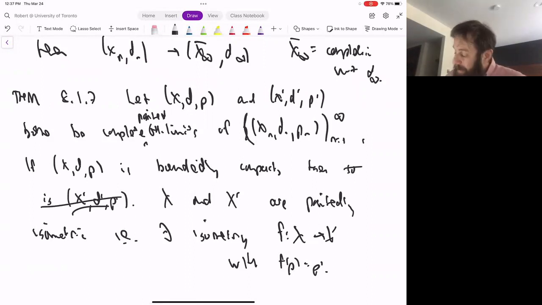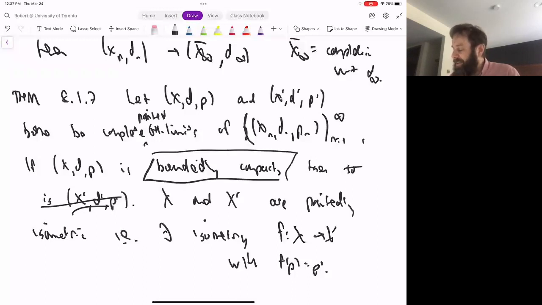So again, we proved earlier that on compact sets, Gromov-Hausdorff convergence defined a metric between isometry classes of compact sets. And what this theorem is telling us is that this remains true if we do non-compact sets and use pointed Gromov-Hausdorff limits. It's again a metric, a notion of convergence between isometry classes, at least provided we restrict our attention to isometry classes of pointed metric spaces that are boundedly compact.